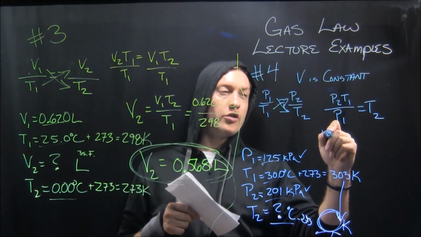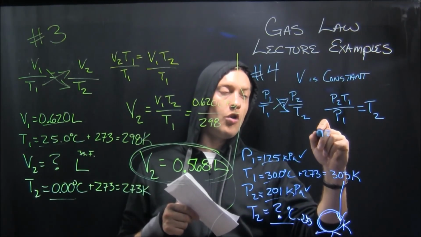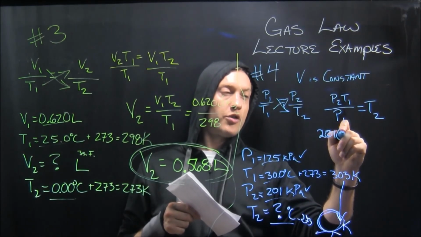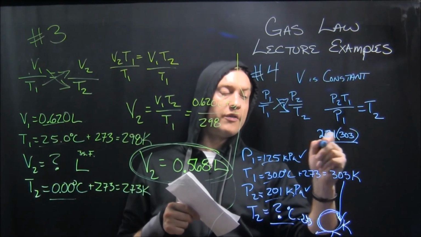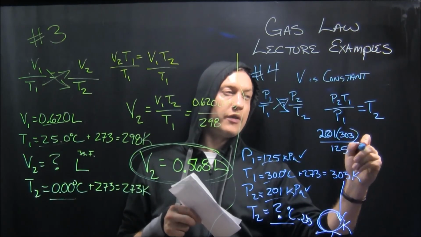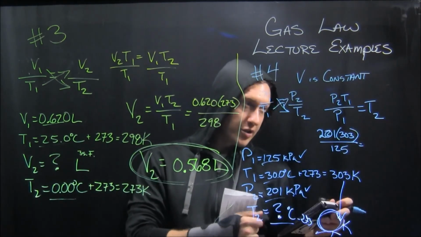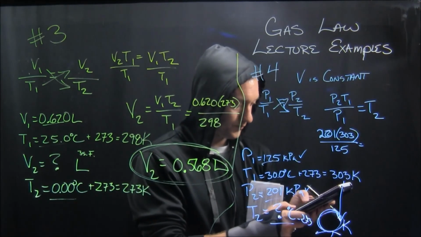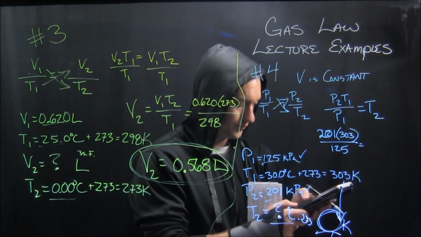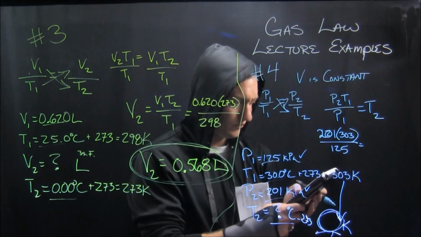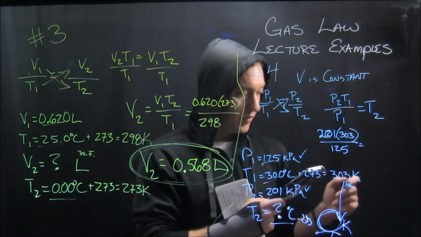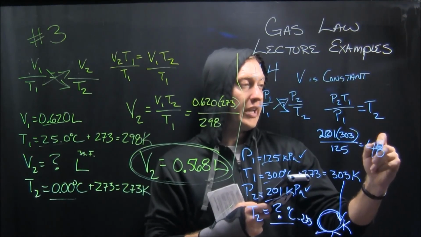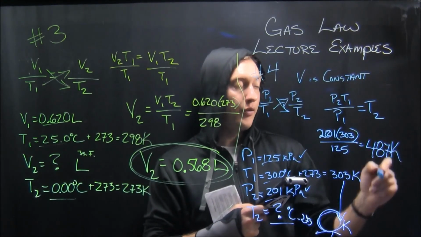So we're going to take 201 times 303 divided by 125, and T2 should come out to be 487.2. We said 3 sig figs, so 487, but that's Kelvin.